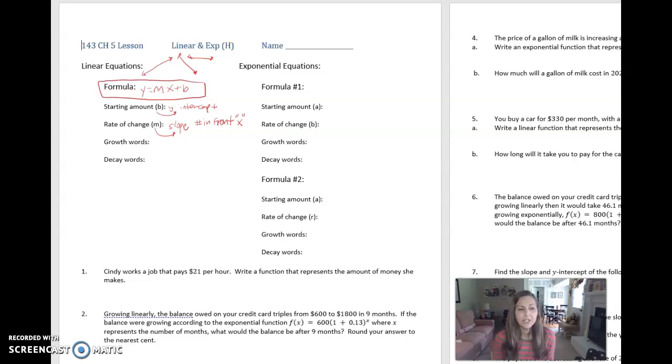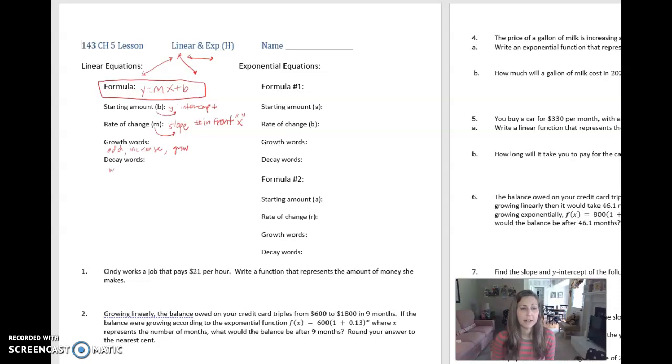A linear equation can either be a growth function or a decay function. There are words that mean something is growing, something is increasing, something is getting bigger. Some of those words would be add, increase, grow. And then the opposite would be your decay words.